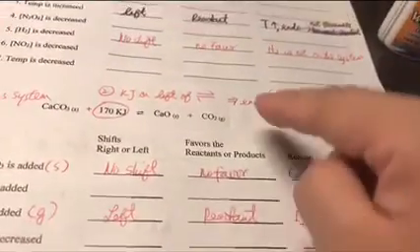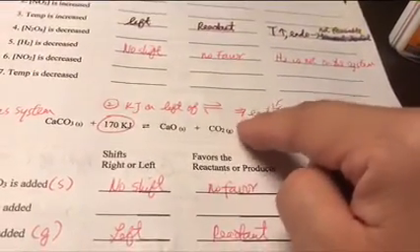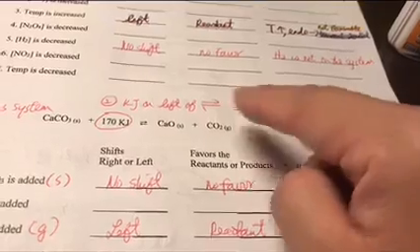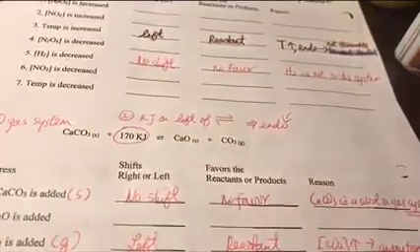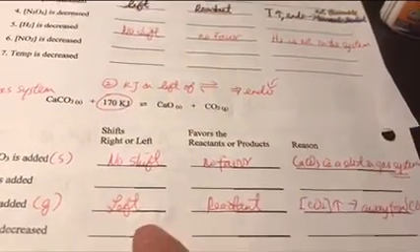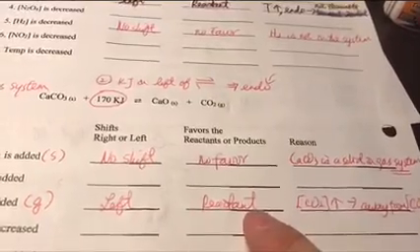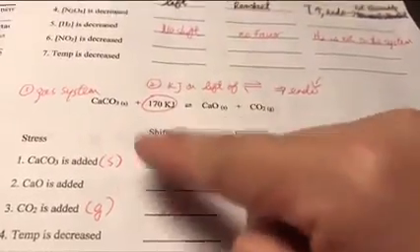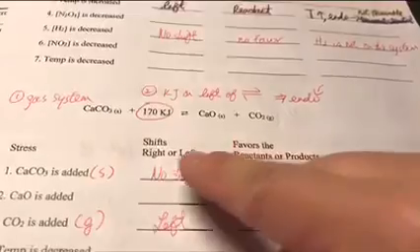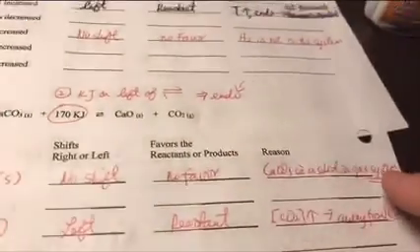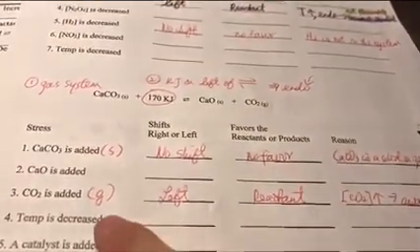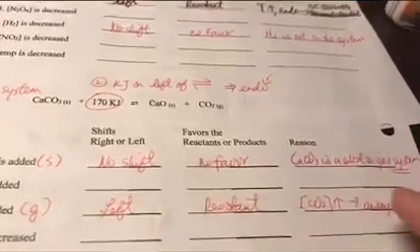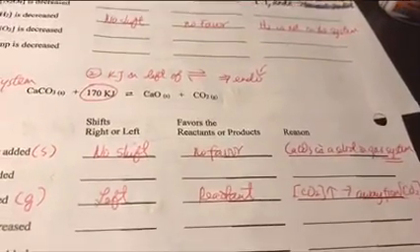So I don't want to stay on the right-hand side. I want to stay on the left-hand side of the system. So I will go to the left and I will favor my reactant. So that's the difference between number 1 and number 3. Number 1, if it's a solid in the gas system, it won't change. If it's a gas, then regularly you're talking about concentration, which is the same thing as the front page.